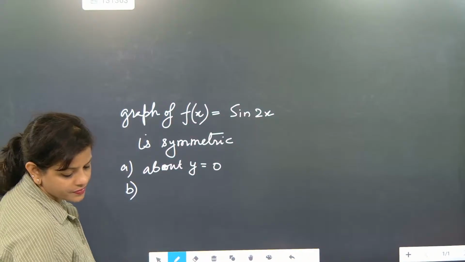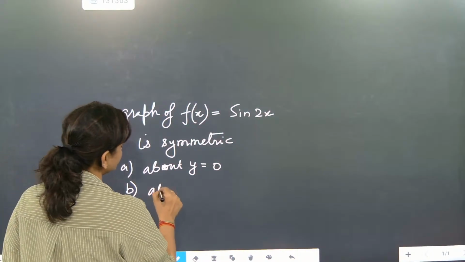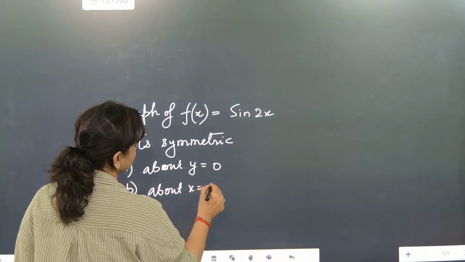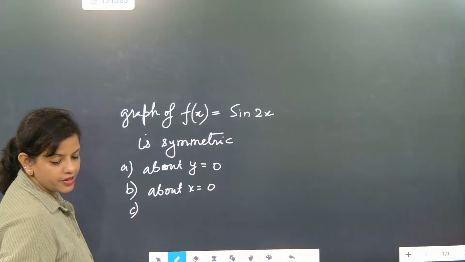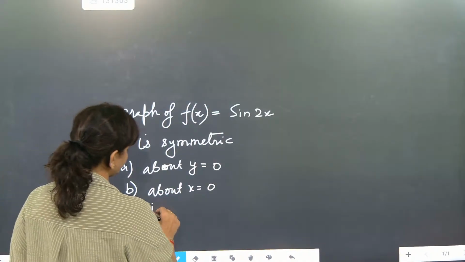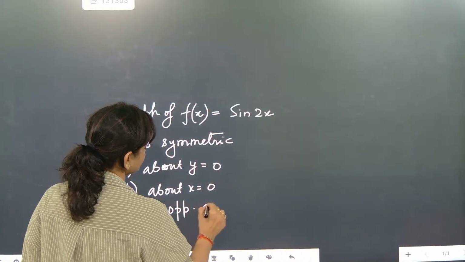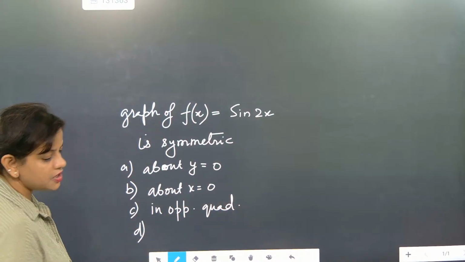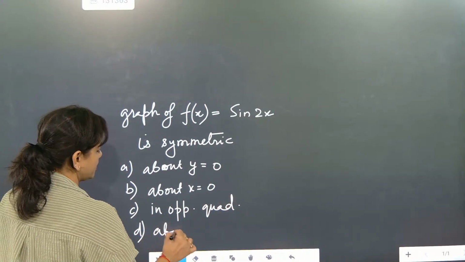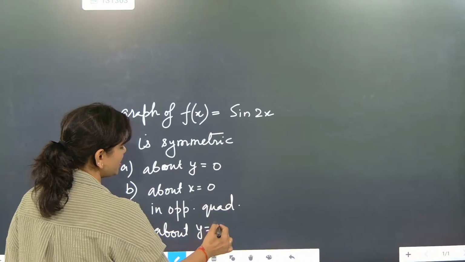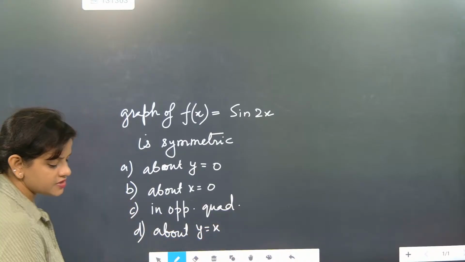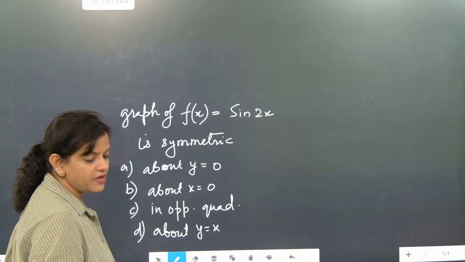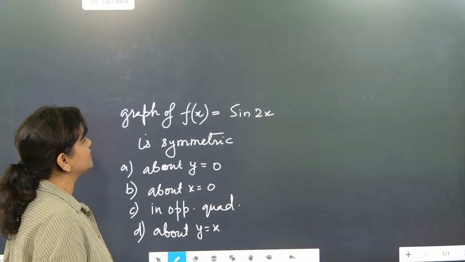Second part, about x is equal to 0. Third part, beta, in opposite quadrant. Fourth part is about y is equal to x. This question is your question. Think sin 2x. At the time of teaching graph, I have explained it very nicely.